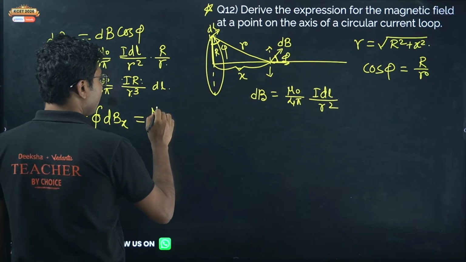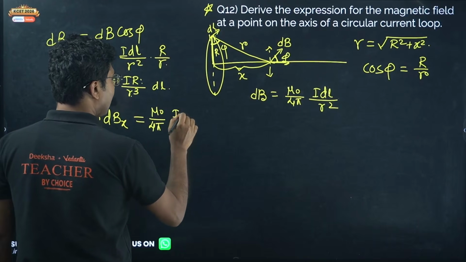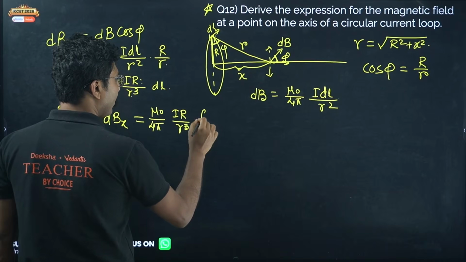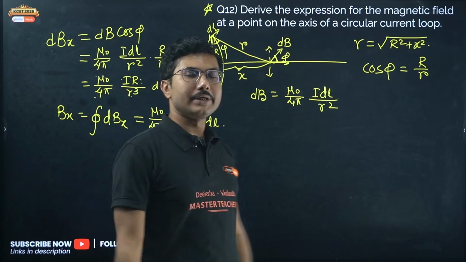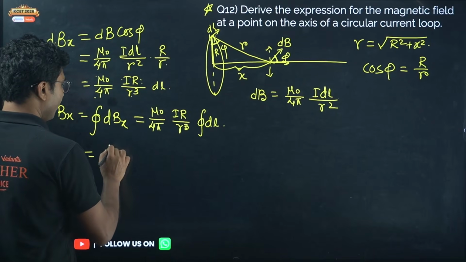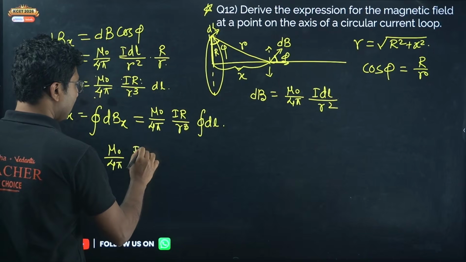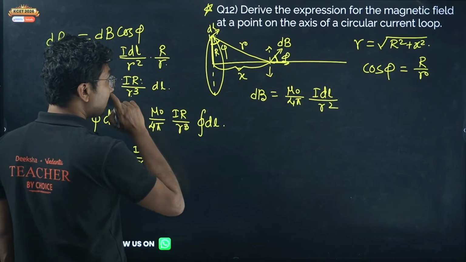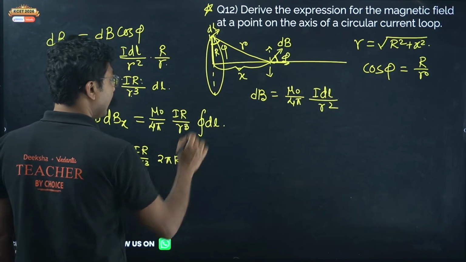So mu naught by 4 pi, I R by r cube will all be common, and we only have to write the closed integral of dl. Now the closed integral of dl, you already know, is nothing but the circumference of the circle. So this will be mu naught by 4 pi, I R by r cube, and the closed integral of dl is nothing but 2 pi into R, the radius, capital R.